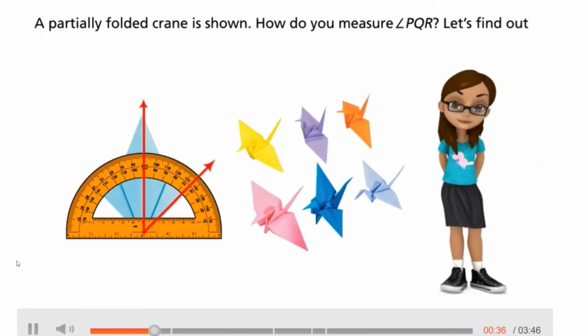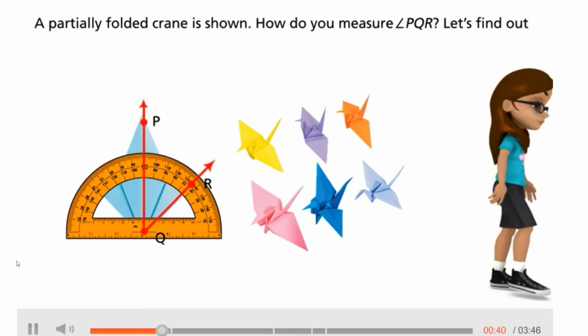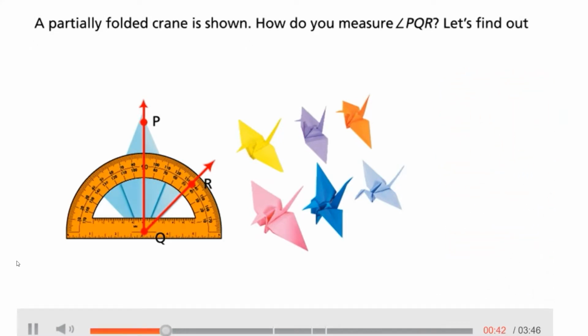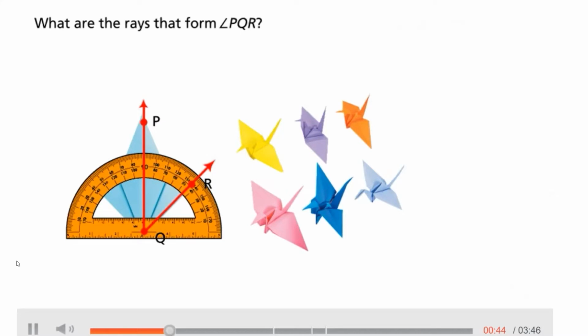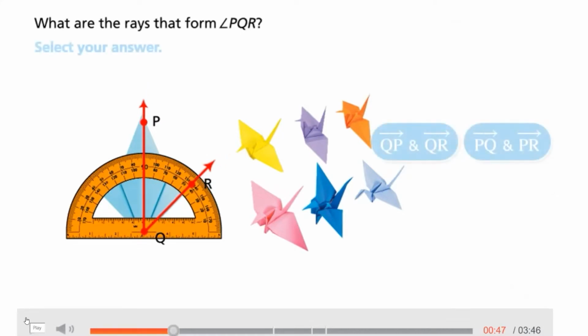How do you measure angle PQR? Let's find out. What are the rays that form angle PQR? Select your answer. Okay, now here remember, a ray has one endpoint and the other side goes on and on forever.